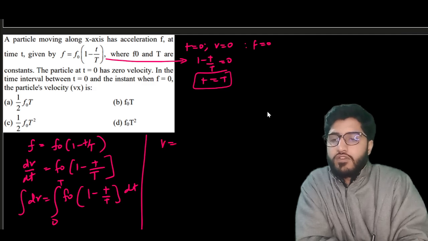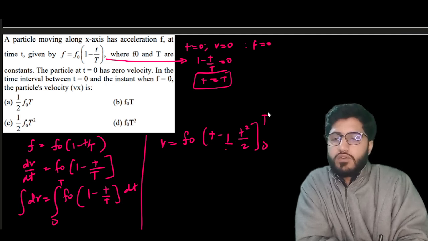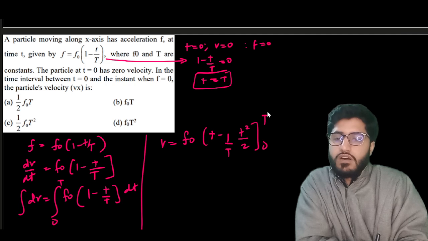So I can write v equals f naught times the integral, taking f naught outside. The integration of 1 would be t, then we have t square by 2, with 1 by T constant, from 0 to T. We cannot cancel it like this, so it would be capital T. Now I will put the values.